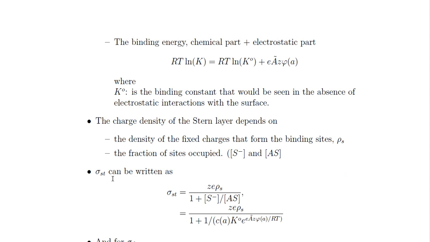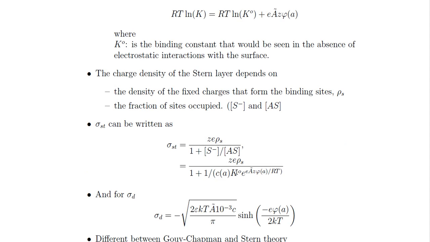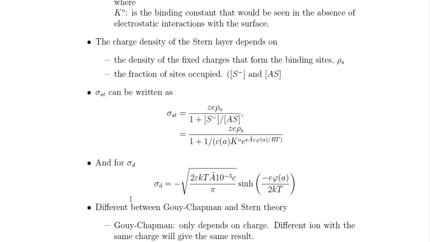So the charge density can be written as this equation for the Stern layer, and these are for the diffuse layer.